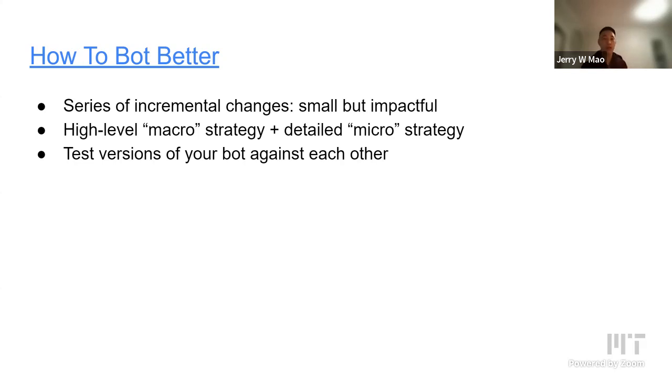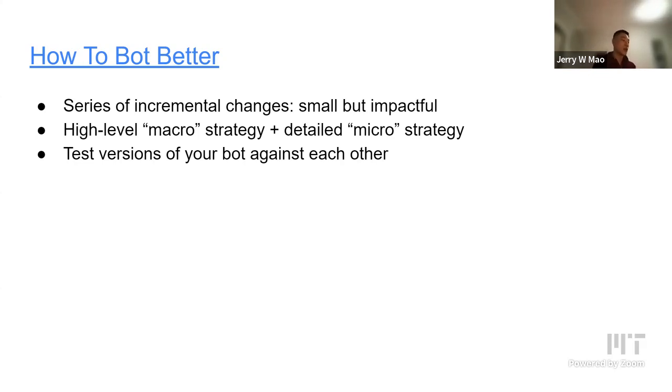Or a bot that does a lot of defense? Or a lot of farming, creating a lot of resources? Or something that does a bit of a mix? Or perhaps a bot that is ready to do any of these, but makes a decision depending on the map it sees. So it really depends on what you want to see your bot doing at a high level. And that's what we talk about when we talk about high level macro strategy.